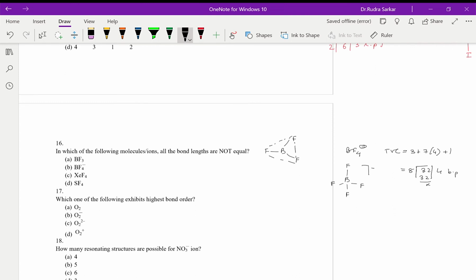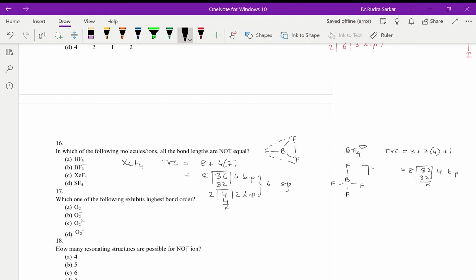combining with the fluorine. For XeF4, let us calculate the total valence electron count, which is going to be 8 plus 4 into 7, and that is going to give you around 36. The number is greater than 8, same rule followed. So it is 32, we are getting 4. There are 4 bond pairs, obviously, and the remainder is less than 8, so divide by 2. So these are your lone pairs, giving 6 electron pairs.